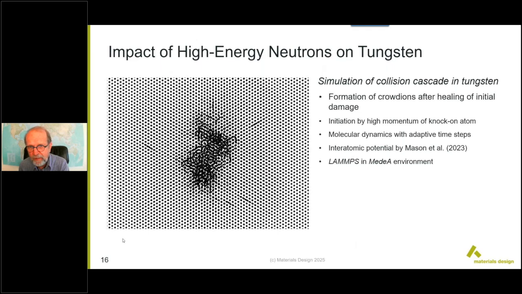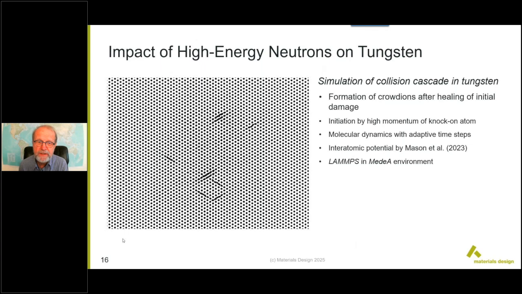Now I should say that in order to do these simulations, you need increasing time scales and time steps, because you want to start out with very, very small time steps, and then as the system evolves, you can make larger and larger time steps.